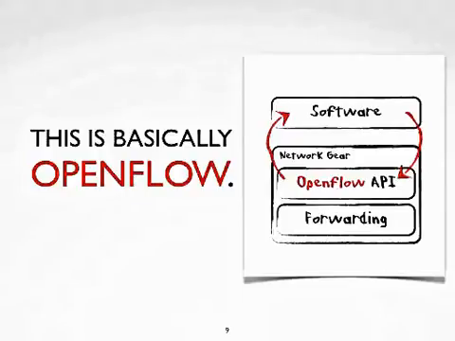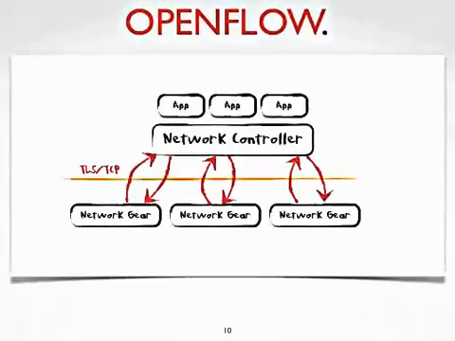It's really simple, but the problem is we have many traditional network boxes in our network, and it's really hard to make them OpenFlow enabled and then build software that controls that switch. So an OpenFlow network usually consists of networking gear that is OpenFlow enabled, and that software is called the network controller, which provides an abstraction of the network.